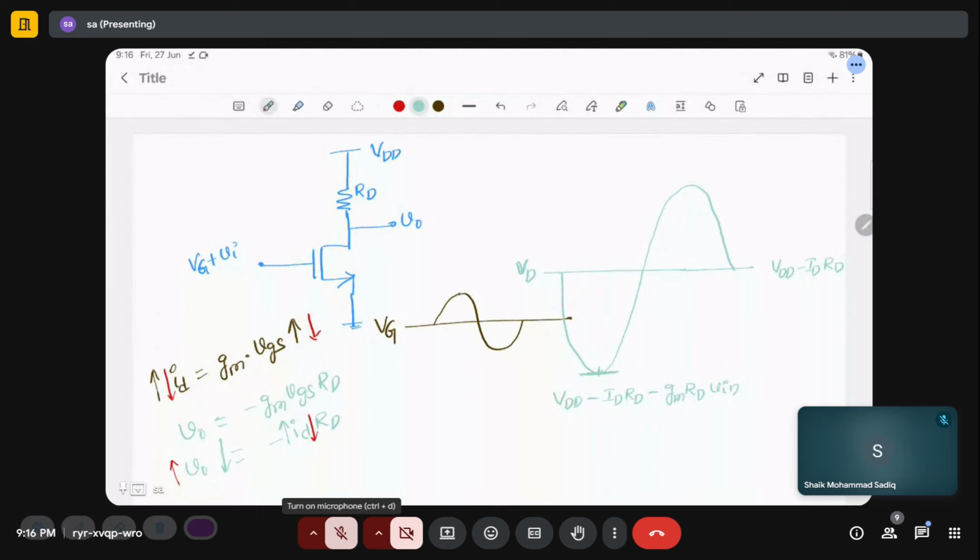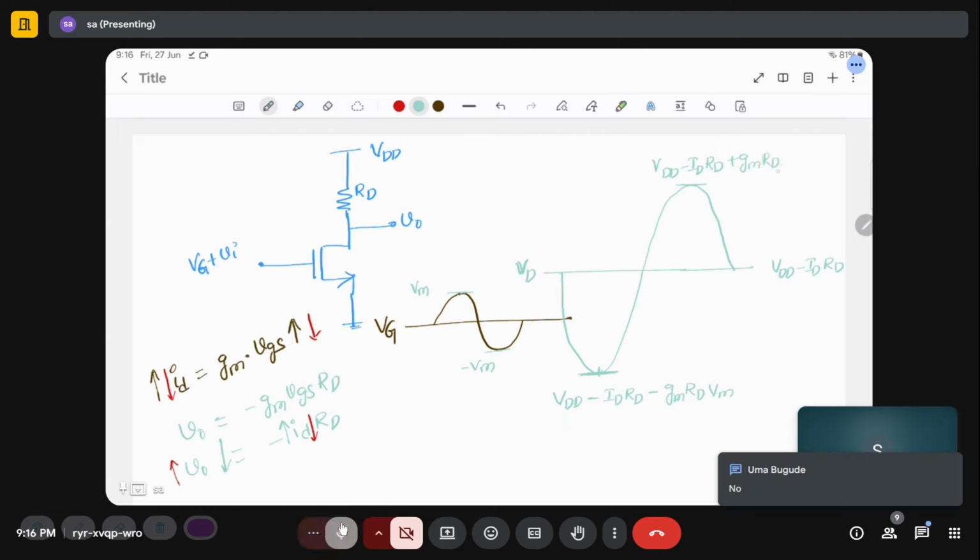Anyone? Actually, the drain voltage will never go to zero. Can the drain voltage go to 0? Come on. If the drain goes to zero, the idea will work, right? No, the MOSFET will turn off, sir.